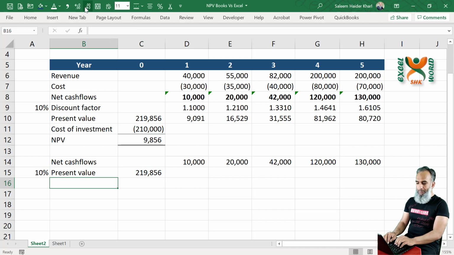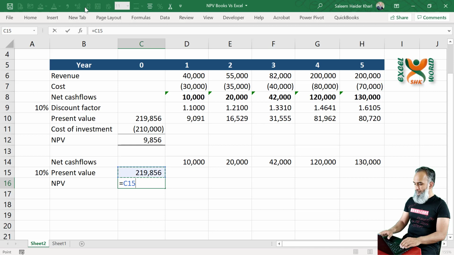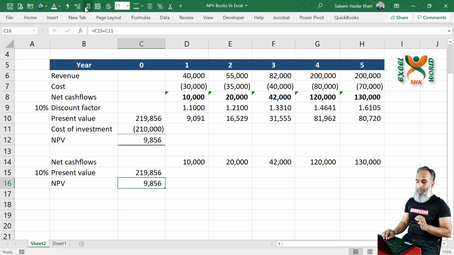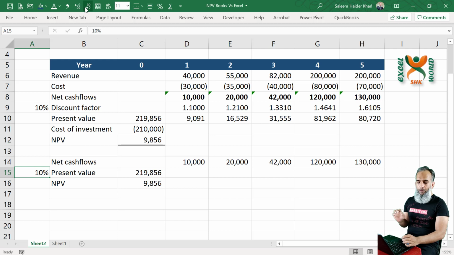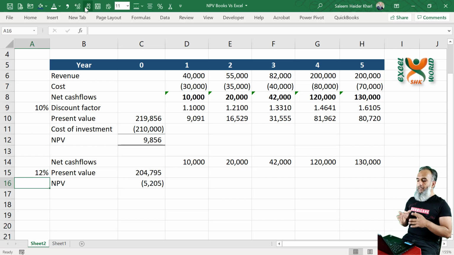Now is the time for the net present value, NPV. We know that we will have to deduct the investment amount from the present value, and we will get the net present value. Now if we change or increase the cost of capital to, let's say, 12%, you can see that when your cost of capital has increased, the project has become unviable and you should not invest in this project.